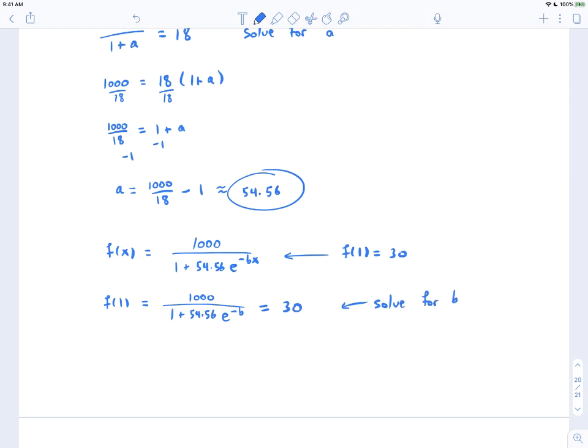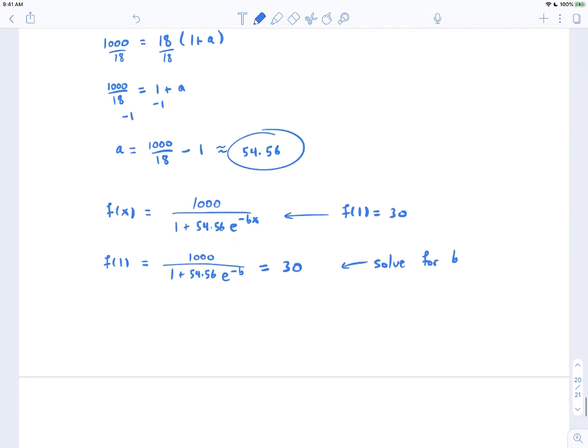So now we want to solve this for b. This is going to require a little bit of arithmetic. The first thing to do is to multiply the denominator over to the other side. Or perhaps what we'll do is we'll just flip both of these rational expressions. So we have 1 plus 54.56 e to the negative b, over 1,000, is equal to 1 over 30.